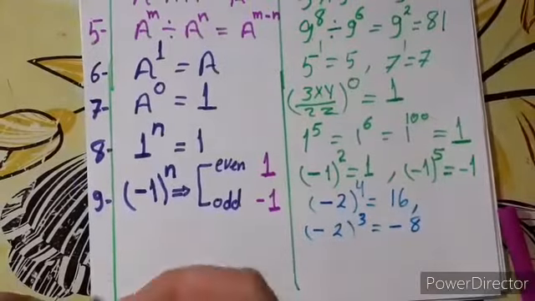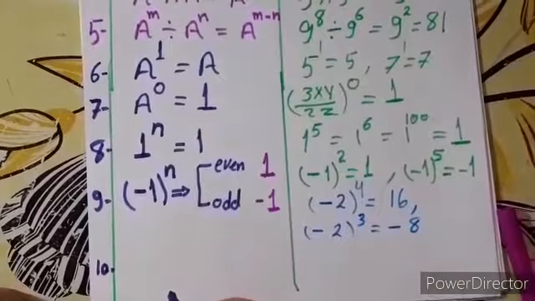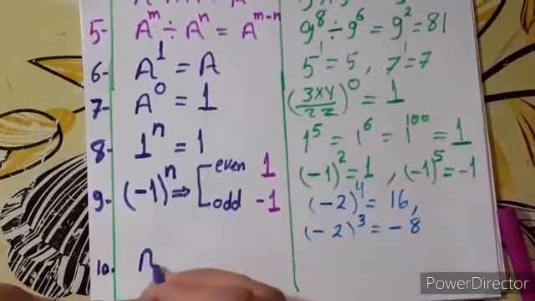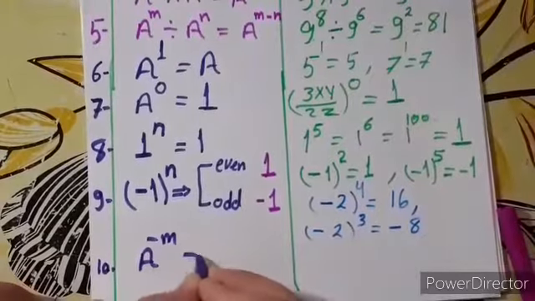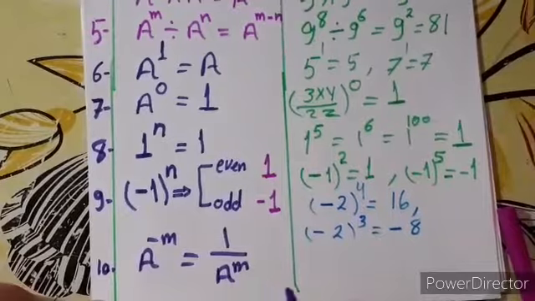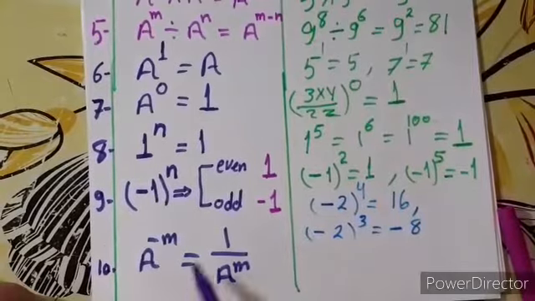Last rule, number 10. If we have the negative power, a power -m equals 1 over a power m. We convert the negative power to positive power, but we change the position of this number.